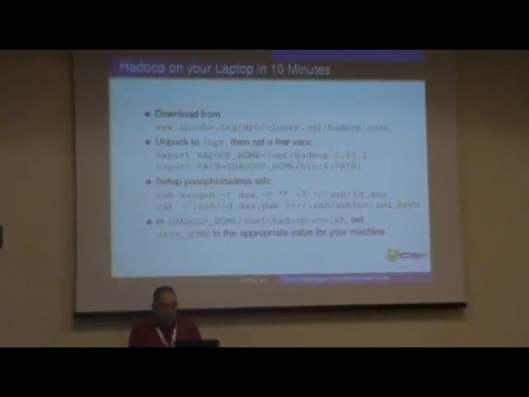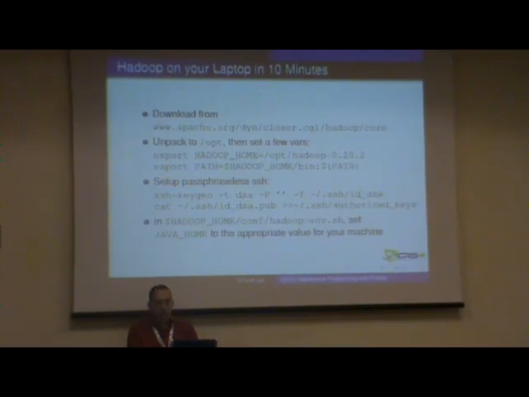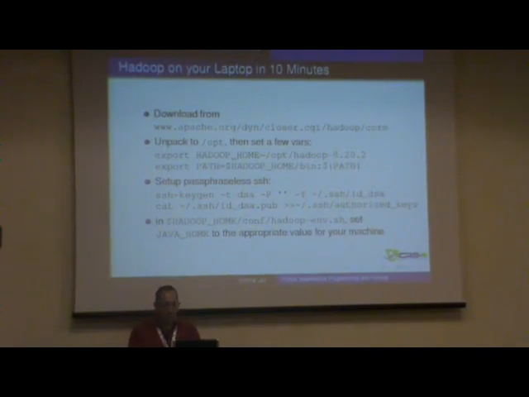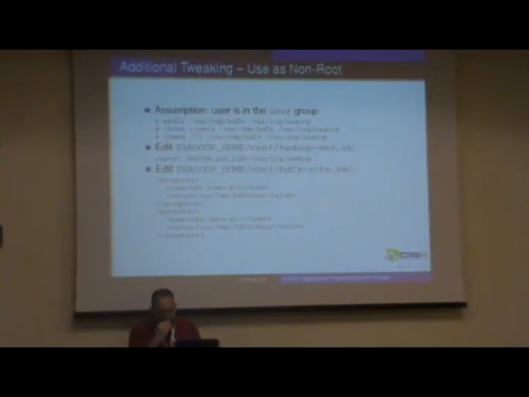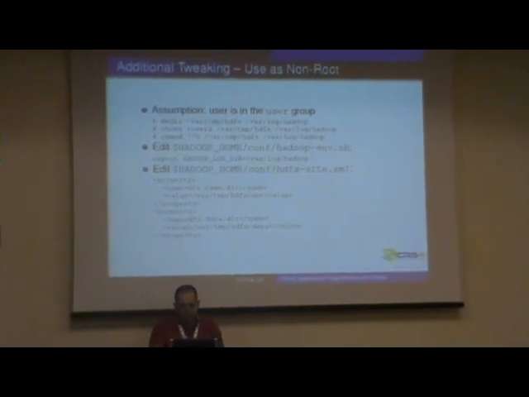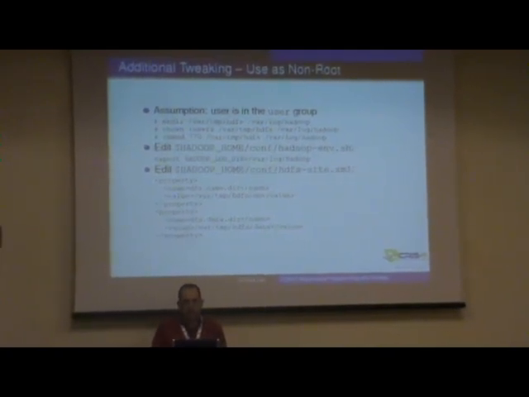Then you have to perform at least a minimal amount of configuration. The only required thing is to specify where Java is installed in your machine. Pydoop has to know where to find Java to work. And then there are some other options, but not all of them are necessary.